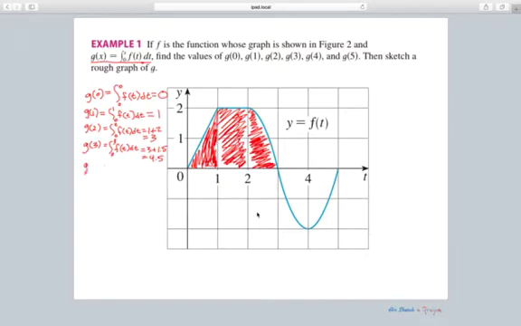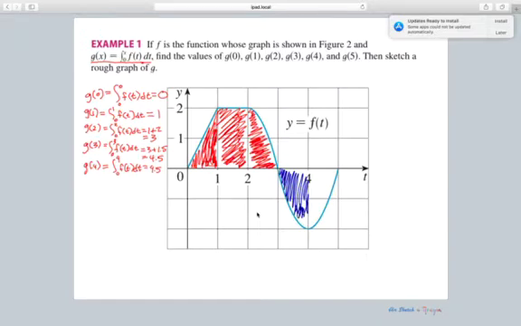All right, g of 4, the integral from 0 to 4 of f of t dt. It's going to be that 4.5 that we've already accumulated plus whatever it takes to get to 4. One thing I want you to notice is that in this case, the curve now dips below the x-axis, meaning remember that if the area is below the x-axis, we need to interpret it as negative area.